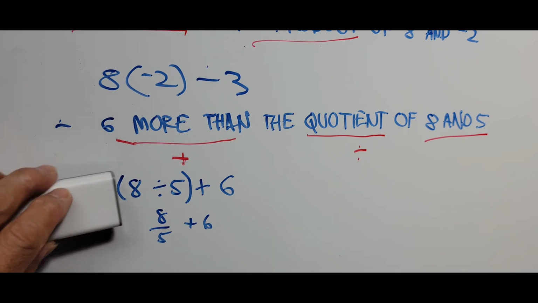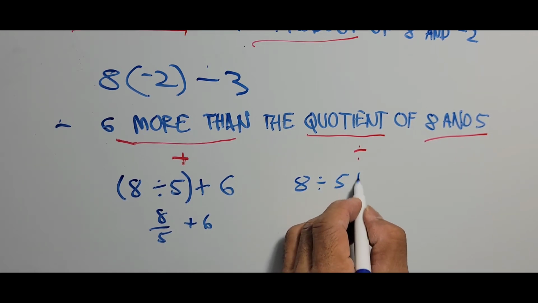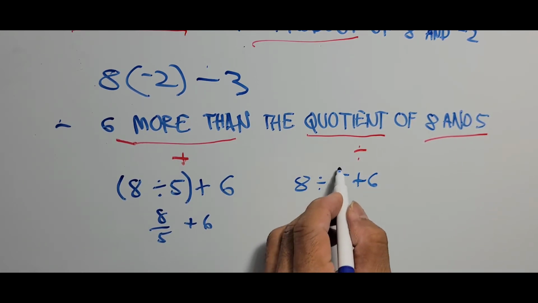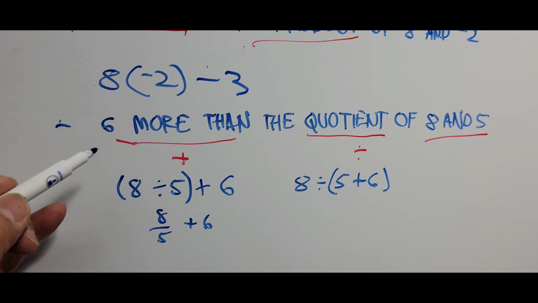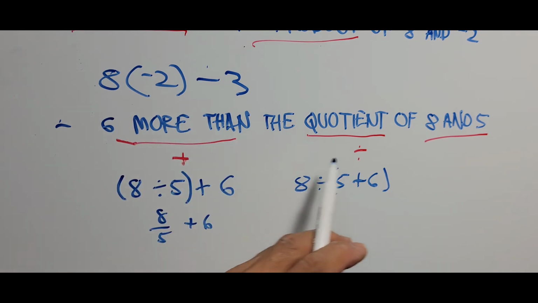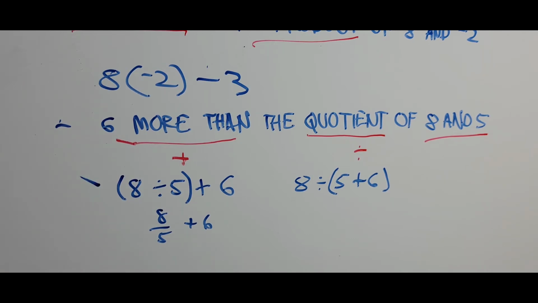Except on the condition that, if for example you have 8 divided by 5 plus 6 with a parenthesis, you have to do the operation inside the parenthesis first, right? But this one right here, we go back to our topic, 6 more than the quotient of 8 and 5. You can write that down without the parentheses.